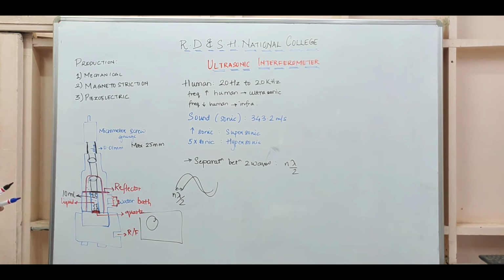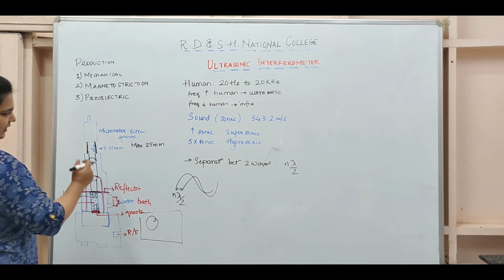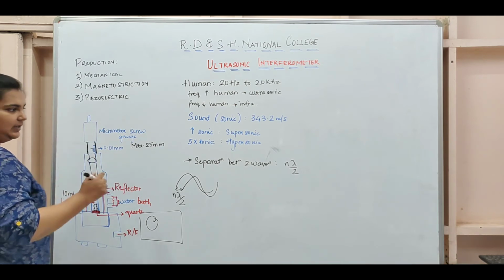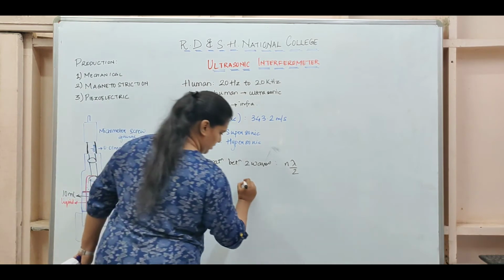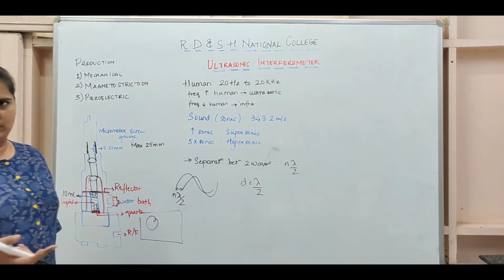because this is where resonance is achieved. So when you get the maximum reading on your ammeter or the current, you know that after a particular distance, when I reach here and continue to progress in whatever direction, again after a distance equal to lambda by 2, I will get my next resonance.